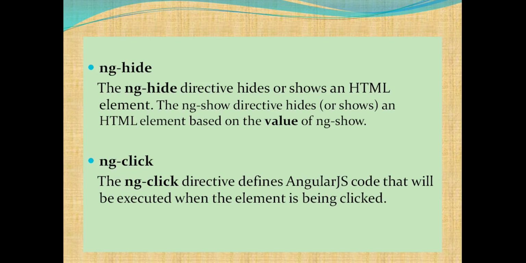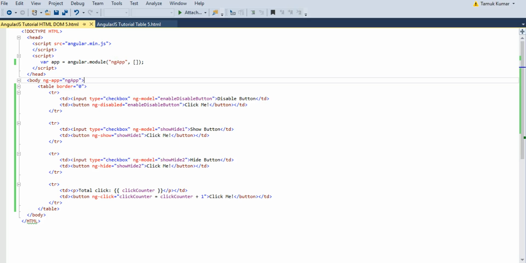The next directive is ngHide. The ngHide directive hides or shows an HTML element based on the value of ngHide. Now again I have an input control and a button control.